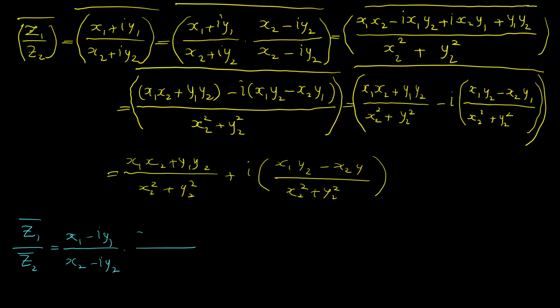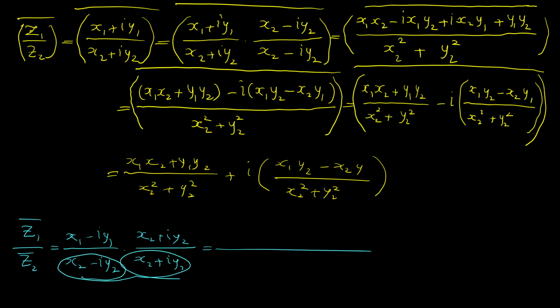To divide these two, we multiply numerator and denominator by the conjugate of the denominator, which is this. Now let's multiply numerator by numerator, denominator by denominator. Can you tell me what is the answer of multiplying this by this right away? Yes, it is x2 to the 2 plus y2 to the 2.